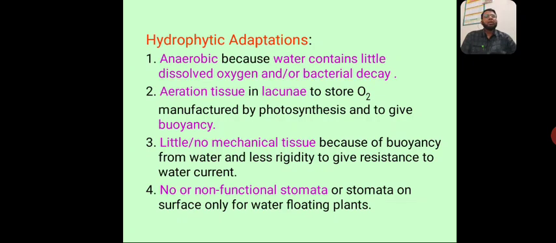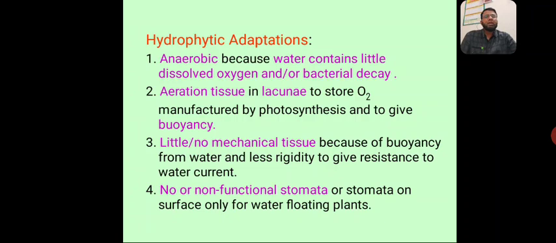Anaerobic conditions, because water contains little dissolved oxygen and has bacterial decay. Aeration tissue in lacunae stores O2 manufactured by photosynthesis and gives buoyancy to float on the surface of the water or in the water. So this is buoyancy. Little or no mechanical tissue because of buoyancy from water, and less rigidity to give resistance to the water current.